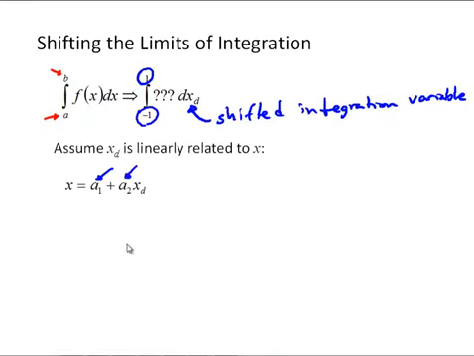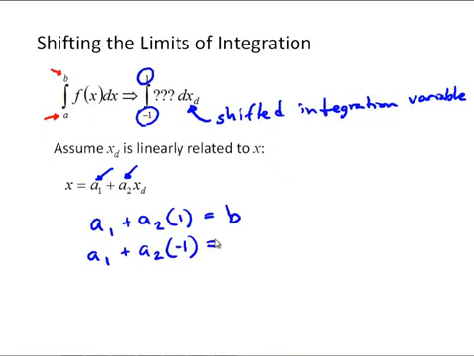We know that when xd is equal to 1, so a1 plus a2 times 1, we want x to be equal to b. That's going to be our upper limit of integration. Similarly, a1 plus a2 times -1, when xd equals -1, should mean our original variable x is equal to a.